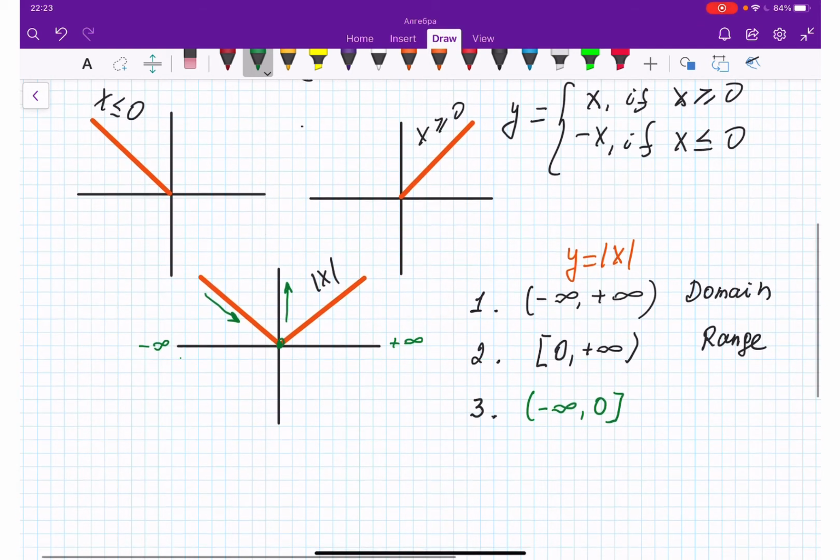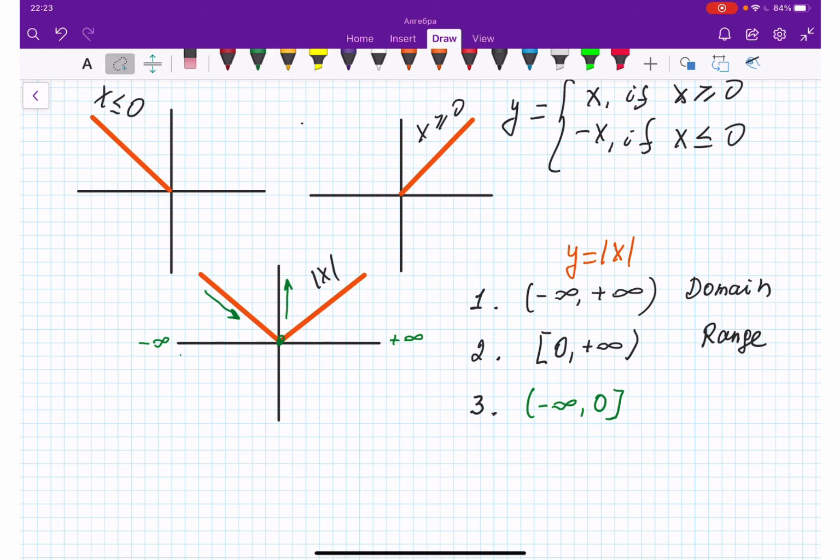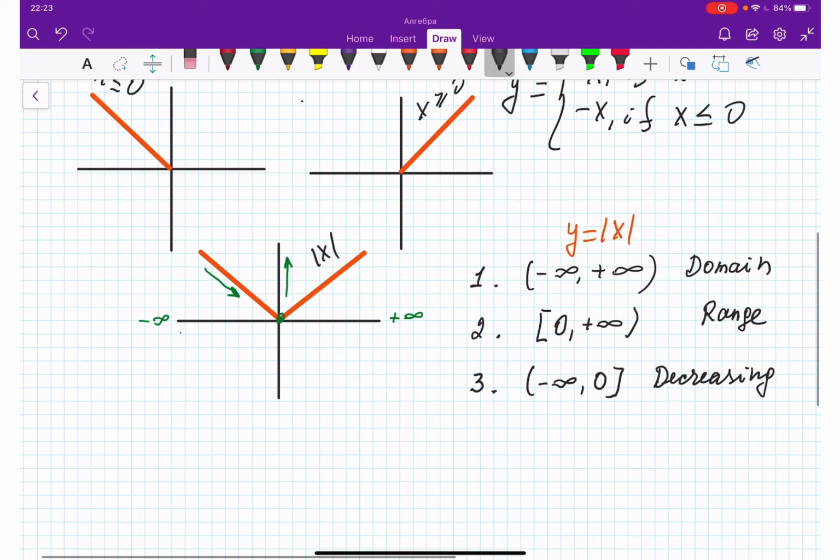And increasing also. So it's decreasing and increasing, because here the graph is increasing, and that's when our x is going from 0 to infinity. So it's increasing from 0 to positive infinity.